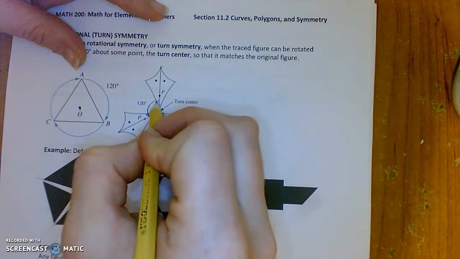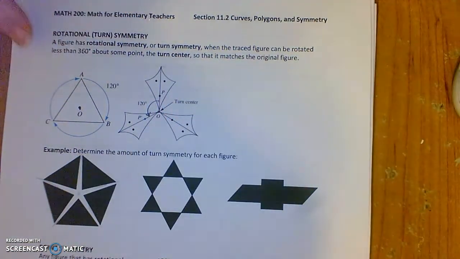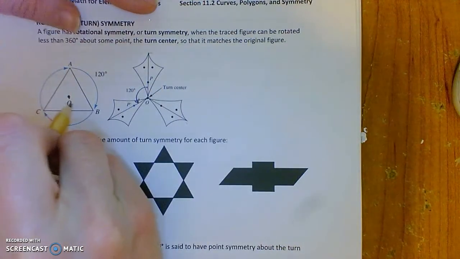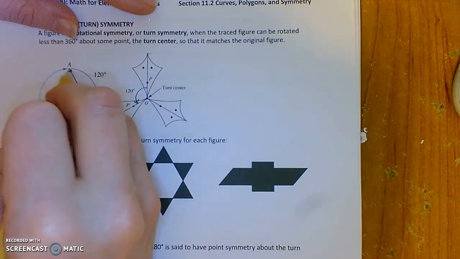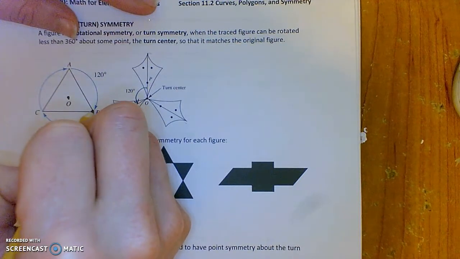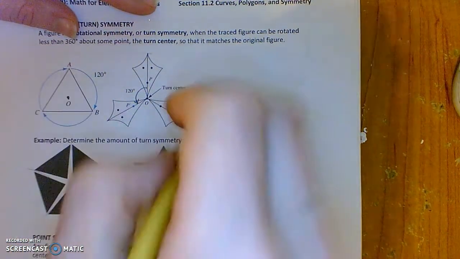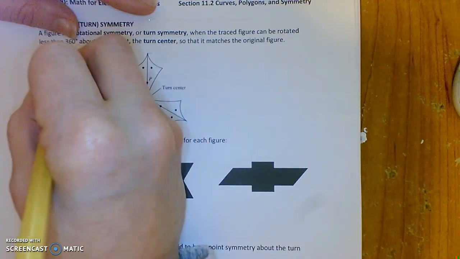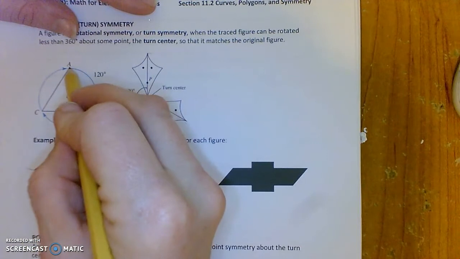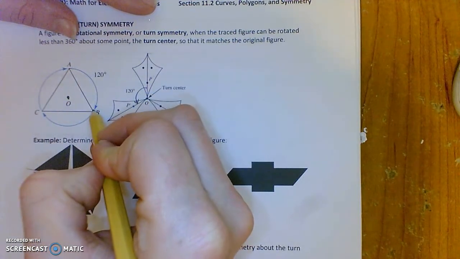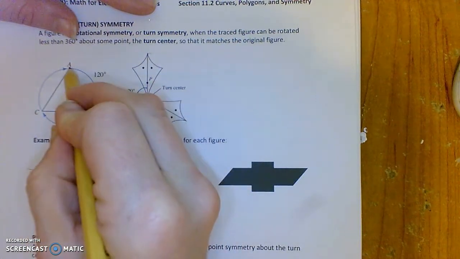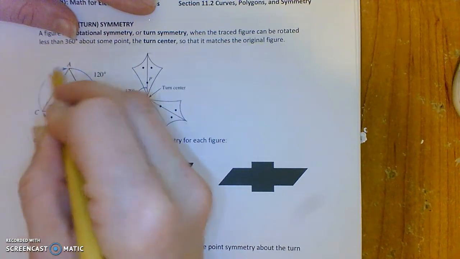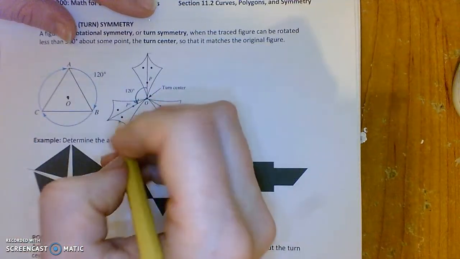We might be interested in knowing what is the angle of turn symmetry. So let's do a few examples there. Starting with this example, how do I know I have a 120-degree rotational symmetry here? What I'll say is that 360 degrees is all the way around. I can rotate A to B, then from B to C, and then from C back to A to achieve that 360 degrees.